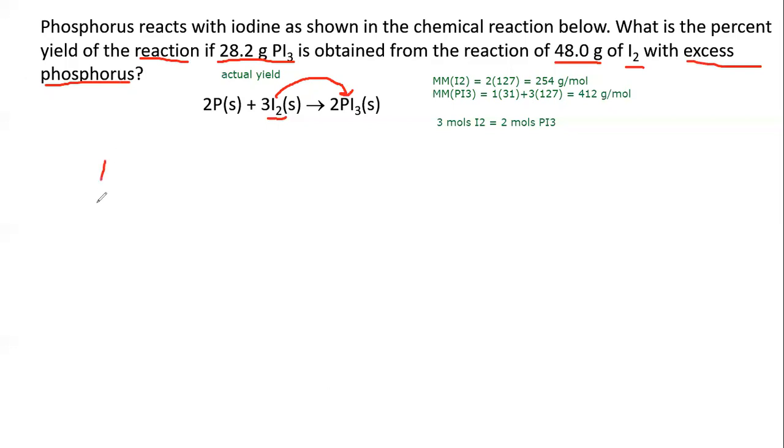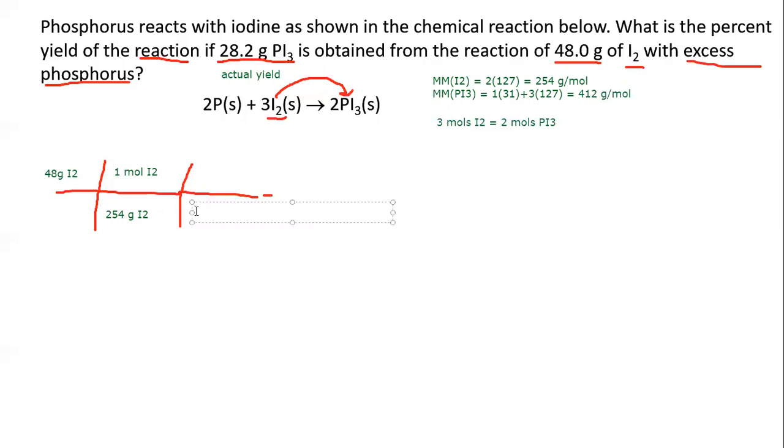So I'll set up the train tracks. We're starting with 48 grams of I2. First, we want to convert that to moles, so we divide by the molar mass of I2, and we convert that to moles of I2.